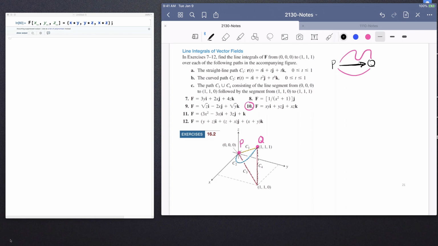And the question is, how does the line integral, or the work integral, behave?